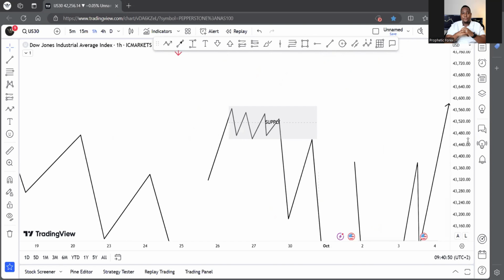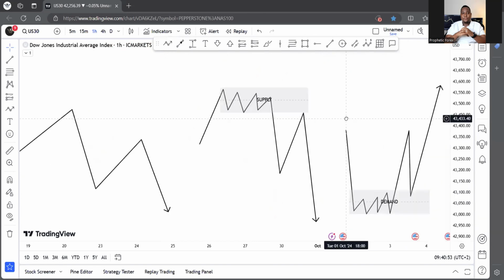Now, I taught you how to identify supply and demand through a concept where a supply, if we're speaking about a supply, needs to have a rally, so the market going up. It needs to have a base where the price is congested into a zone like that, where it doesn't go, it wastes some time before taking off.